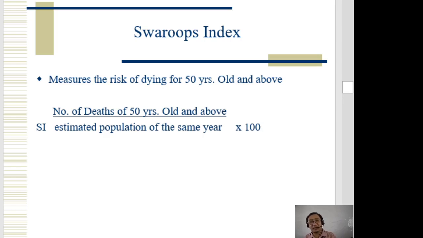On the other hand, for Swaroop's index, if you have a high index, the health status is good. If the Swaroop's index is low, you have a poor health status in the community. Okay, so that's the picture of its implications.